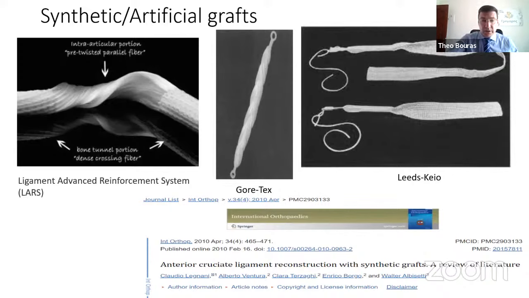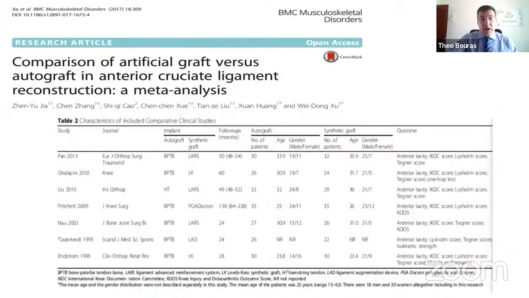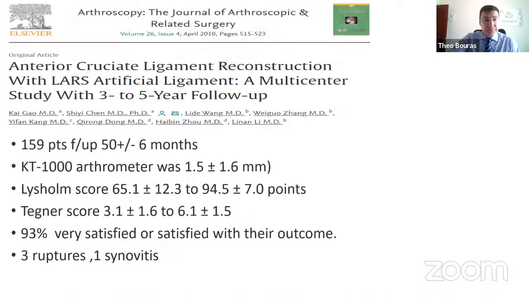And we can see some of this literature coming out. This study from 2017 compares mainly BTB with LARS, giving short and mid-term comparable results.